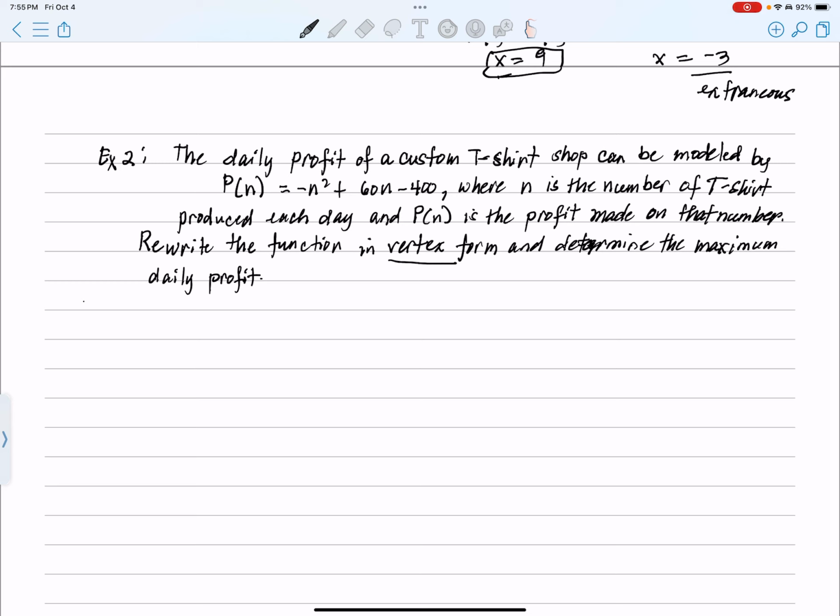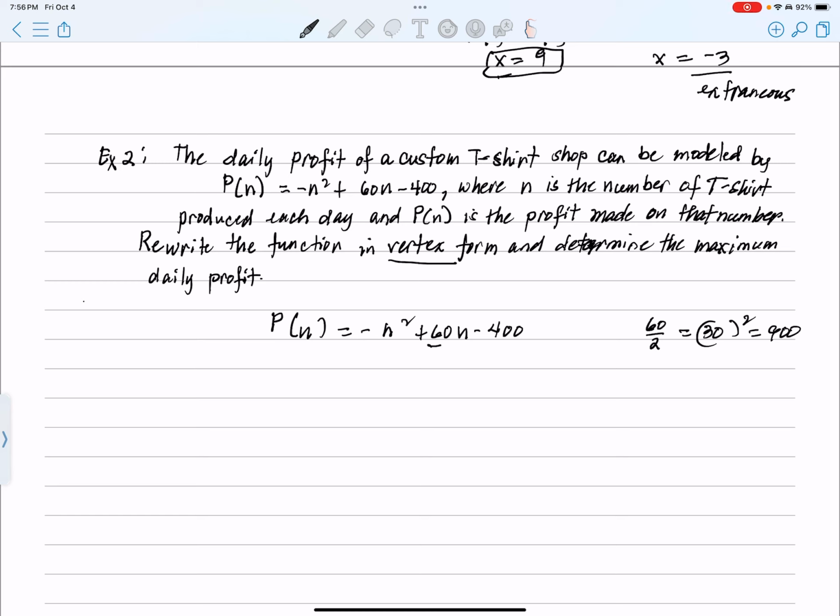So let's change this into P of n is negative n squared plus 60n minus 400. Okay. So step 2 would be to look at the coefficient of n. So 60 divided by 2, that's 30. And then you square the 30, that would be 900. So I have step 2 and step 3.